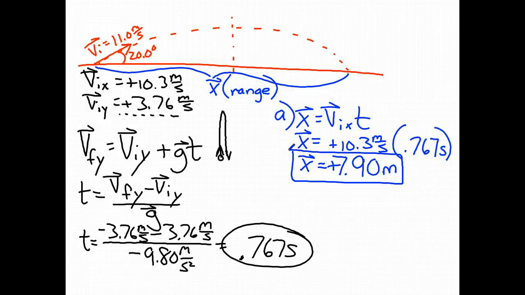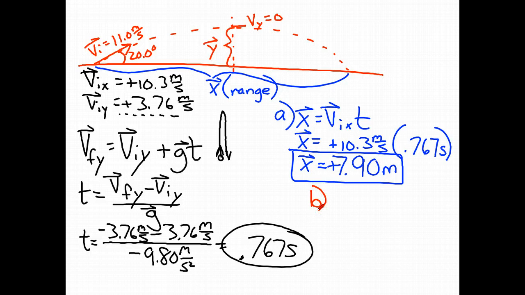All right, one last step, part B. Part B is asking, what is the maximum height the person reached? Now, if you think about it, it's the same thing as throwing a ball up and stopping at the very top of its throw, or of its peak. At the very top, we know that the velocity in the y direction would be equal to 0.